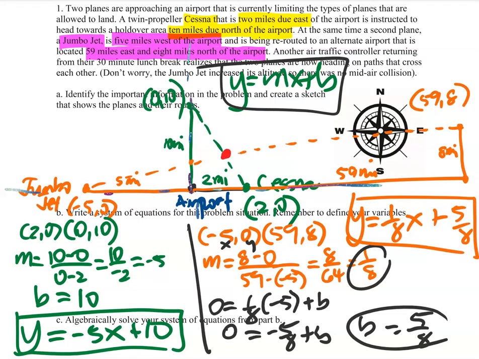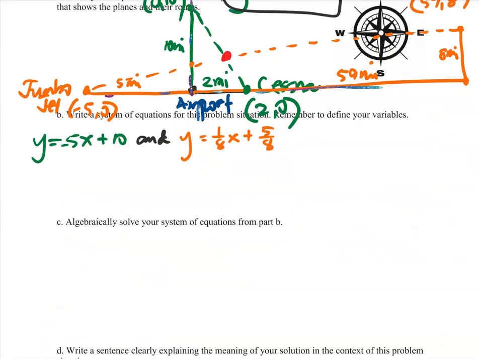Okay, we have the two equations, y equals negative 5x plus 10 and y equals 1/8x plus 5/8. Now we are going to solve this system of equations like what we did in the past activity. They're both equal to y, so we can set them equal to each other.